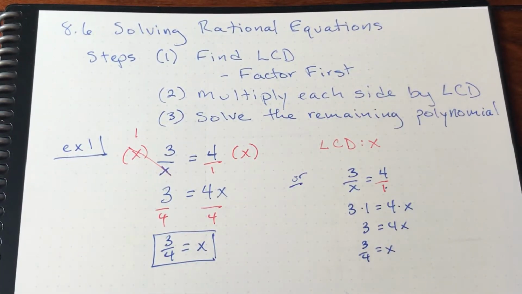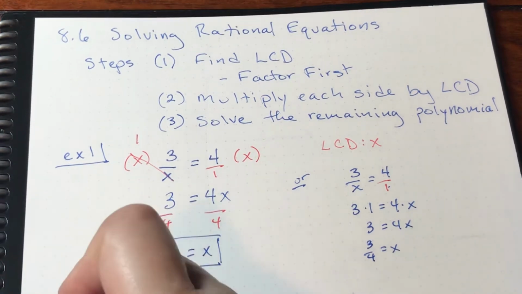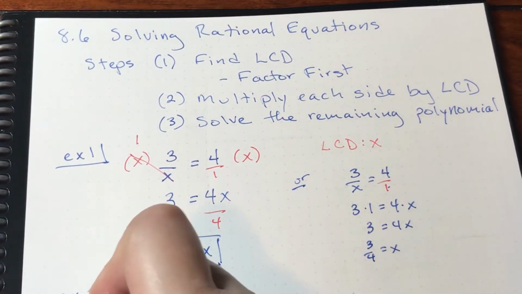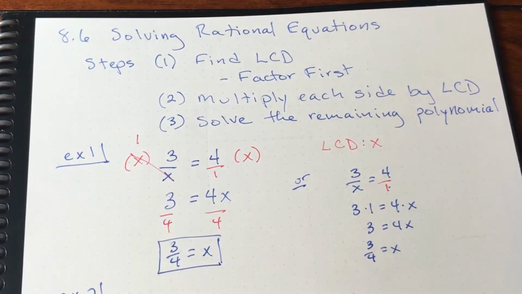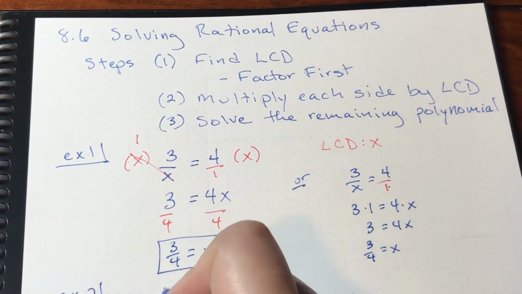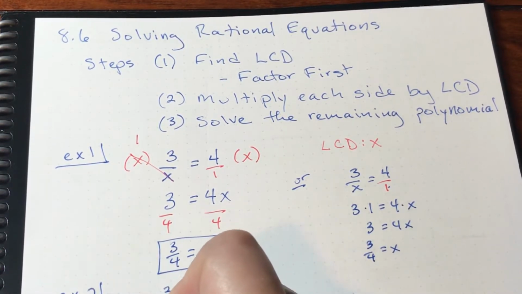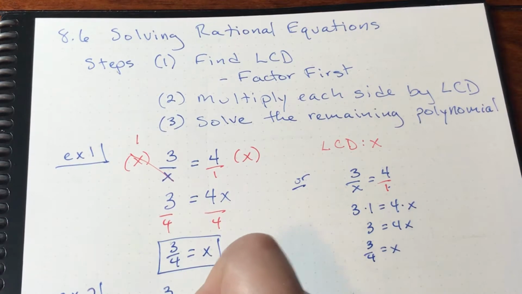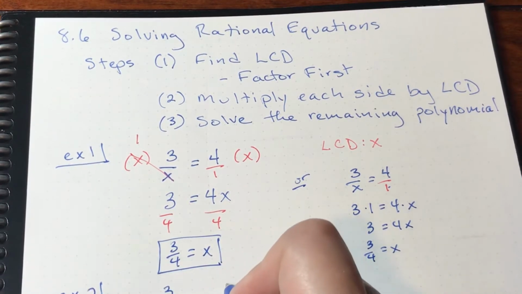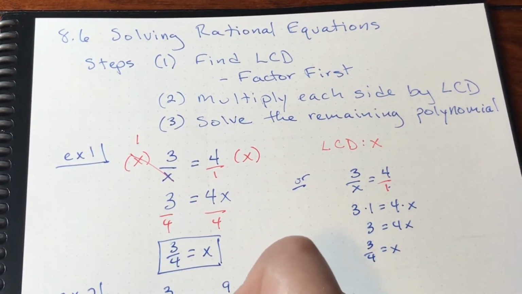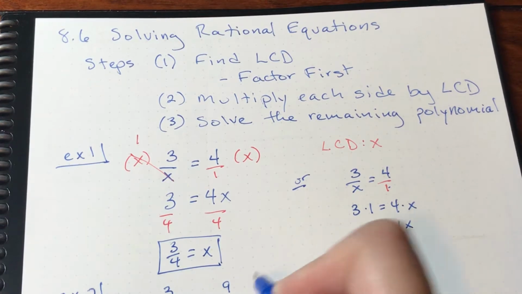All right, let's try another one. Example 2. 3 divided by x plus 1 equals 9 divided by 4x plus 5.